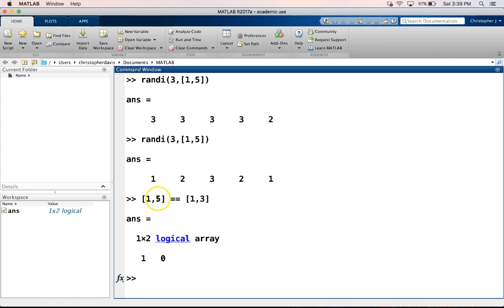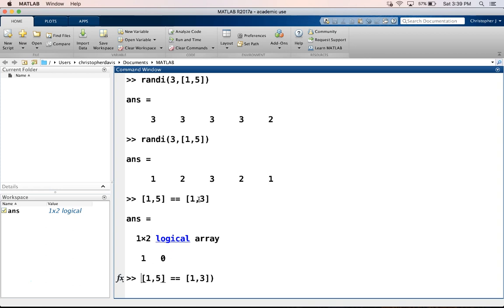So I don't get true or false, I get a vector of trues and falses. In this case, I get true because the first coordinates are equal, but then a false for the second coordinates not being equal. So if I just want to know in total, does every coordinate on the left equal every coordinate on the right?